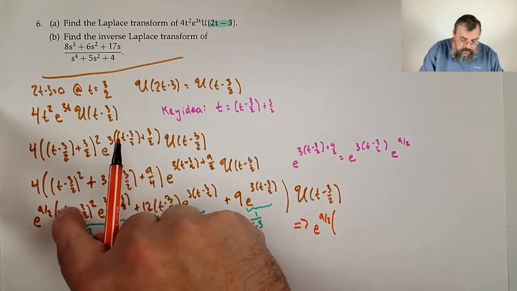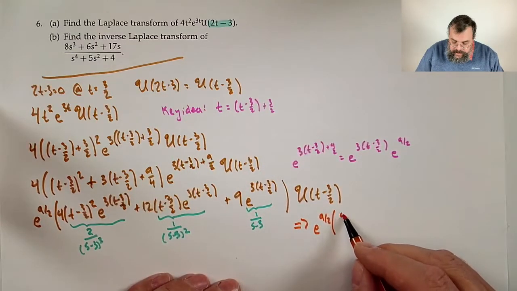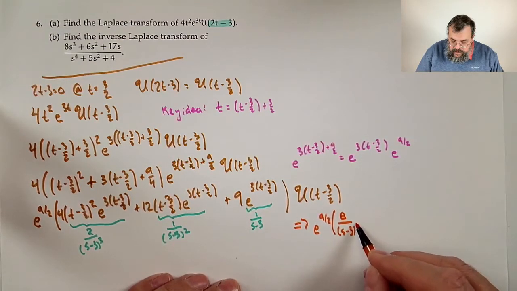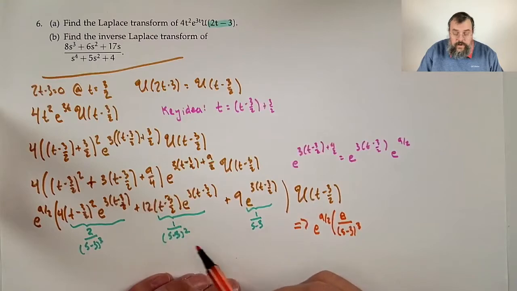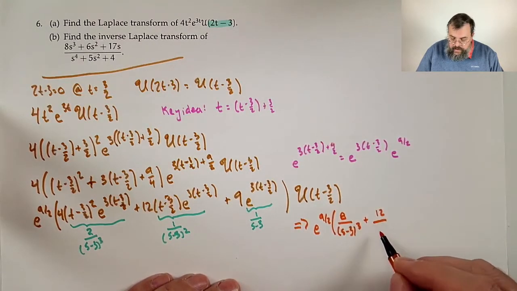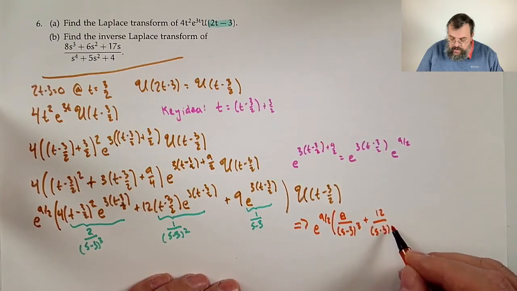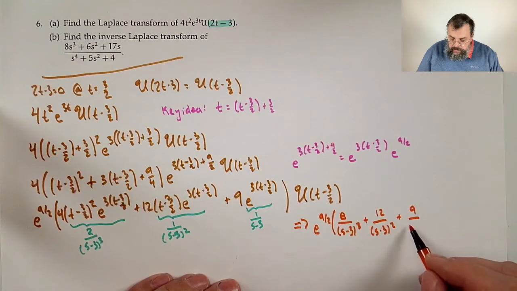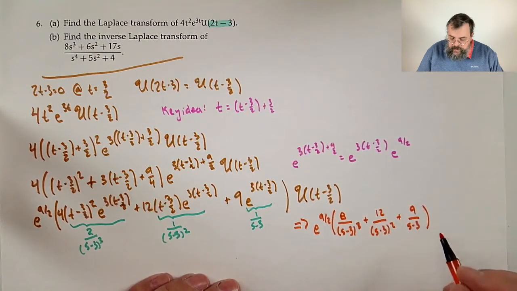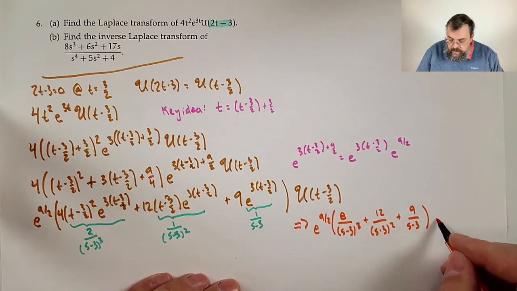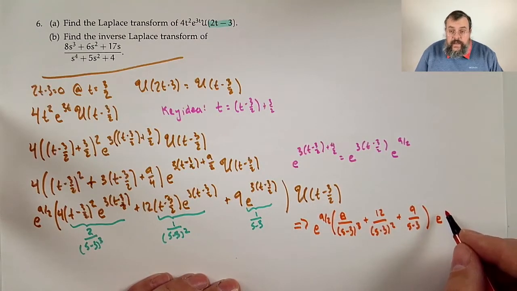Well, we have 4 times 2, which is our 8 over s minus 3 cubed. And then 12 times 1 over s minus 3 squared. And 9 times 1 over s minus 3. And then when we do this, we'll get e to the minus as times that.